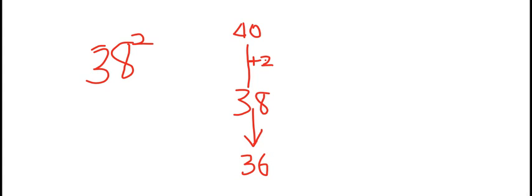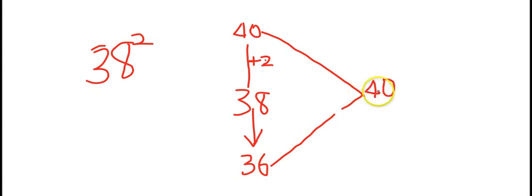So the next thing we have to do is to look at the 40 here and the 36 here and multiply them. So you are going to multiply 40 by 36. Now, how do we get a 40? We saw that the closest tenth, or the tenth boundary, to 38 is 40. And we add 2 to 38 to give us the 40. So you have to subtract the same 2 from 38 and get 36.